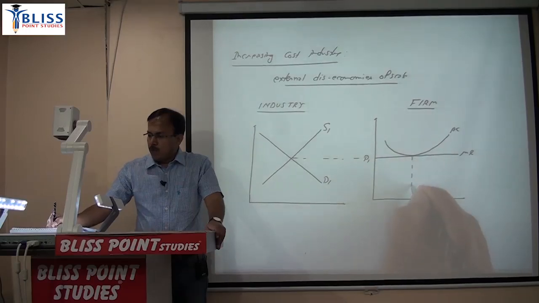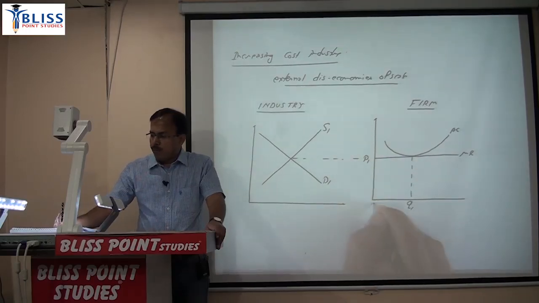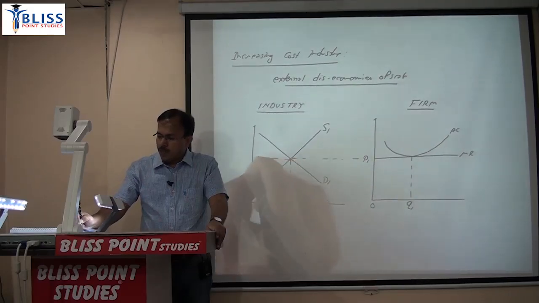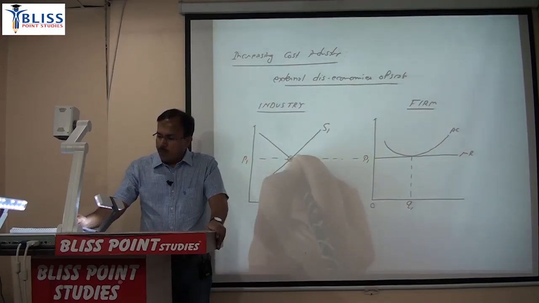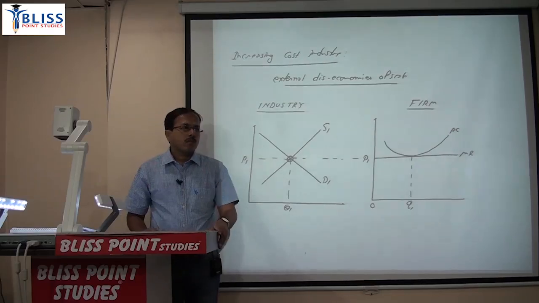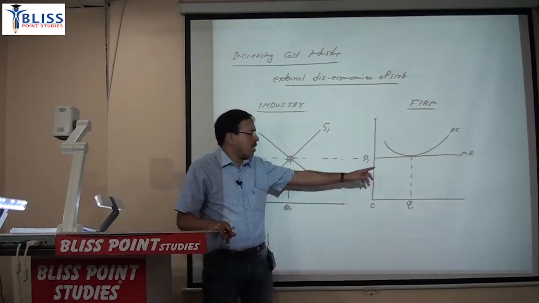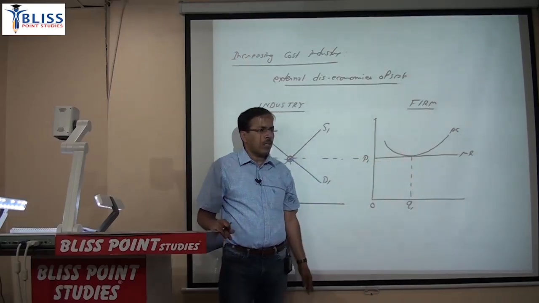This will be the quantity produced by one firm, and for the market this is the total quantity. So you start with this point. You may ignore drawing that MC line. It is not necessary. You know that this will be the minimum point.